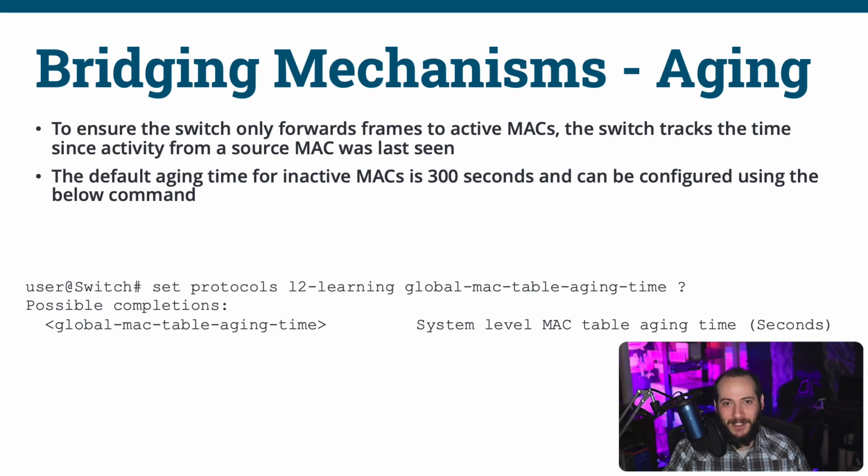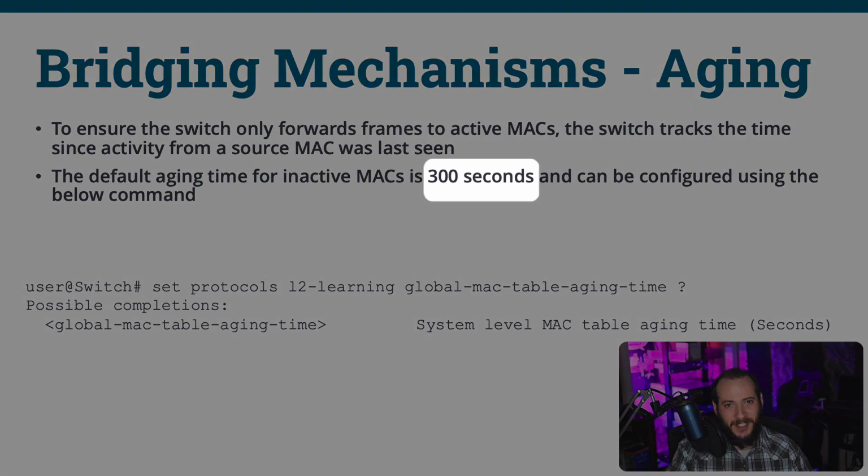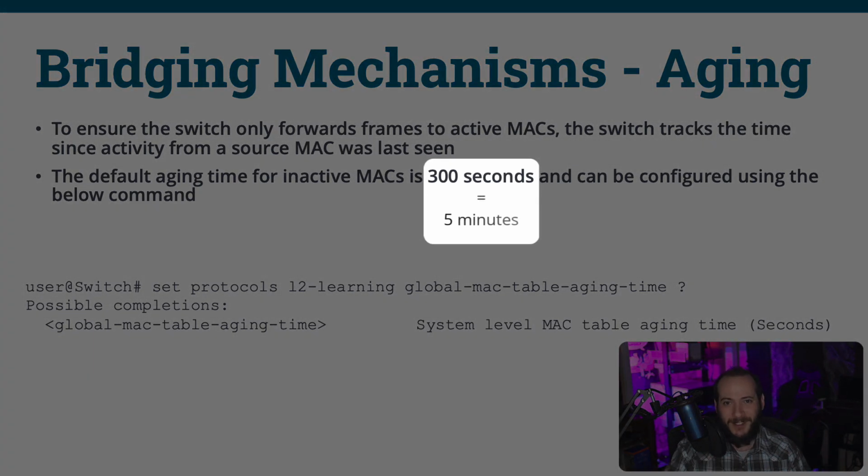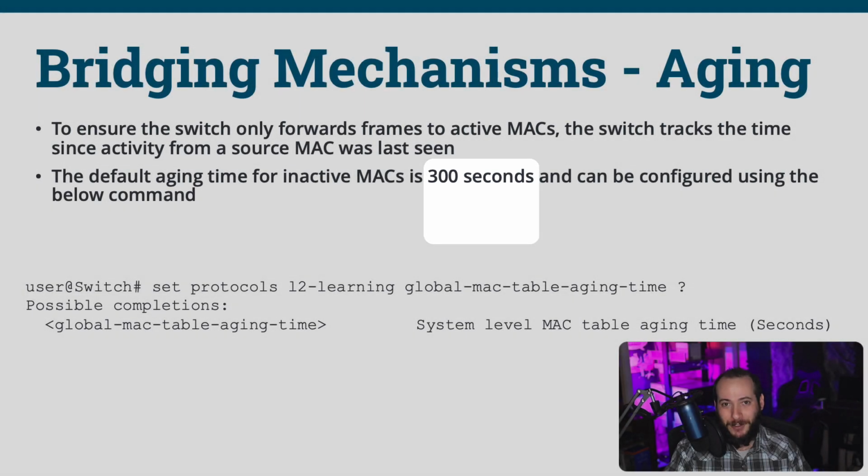The aging mechanism works by resetting a countdown timer every time the switch sees an ingress frame sourcing from the MAC address. By default, Junos switches will keep entries in the bridging table for 300 seconds, or 5 minutes, before removing the entry if no frames sourcing from that address are seen.